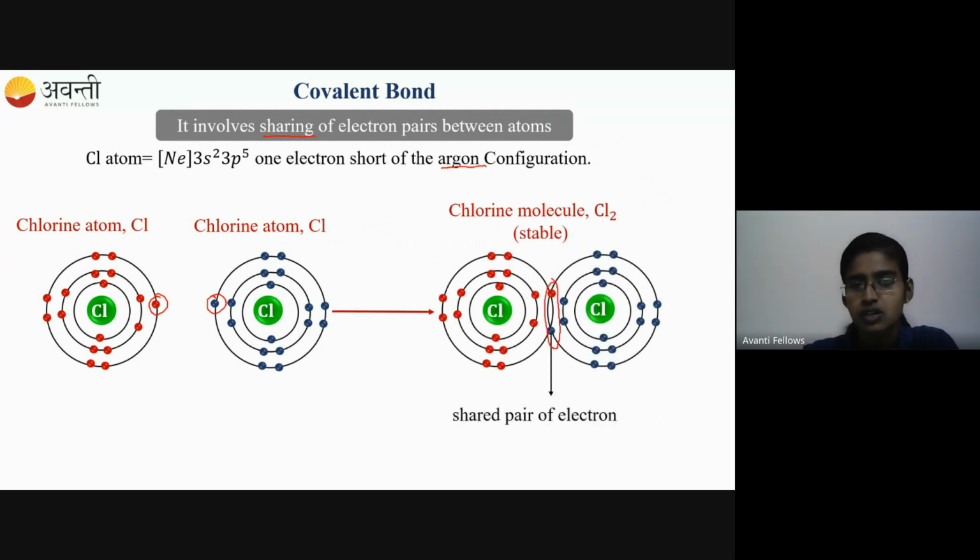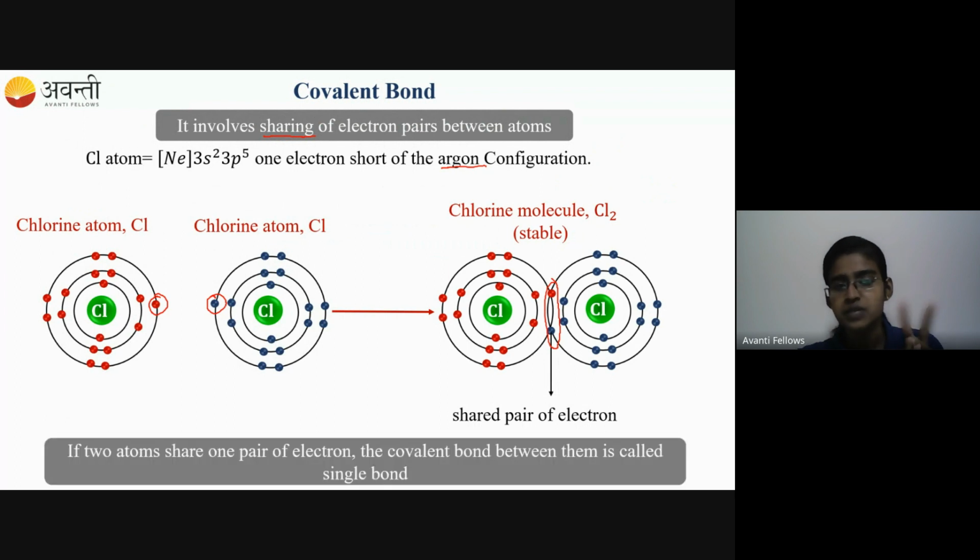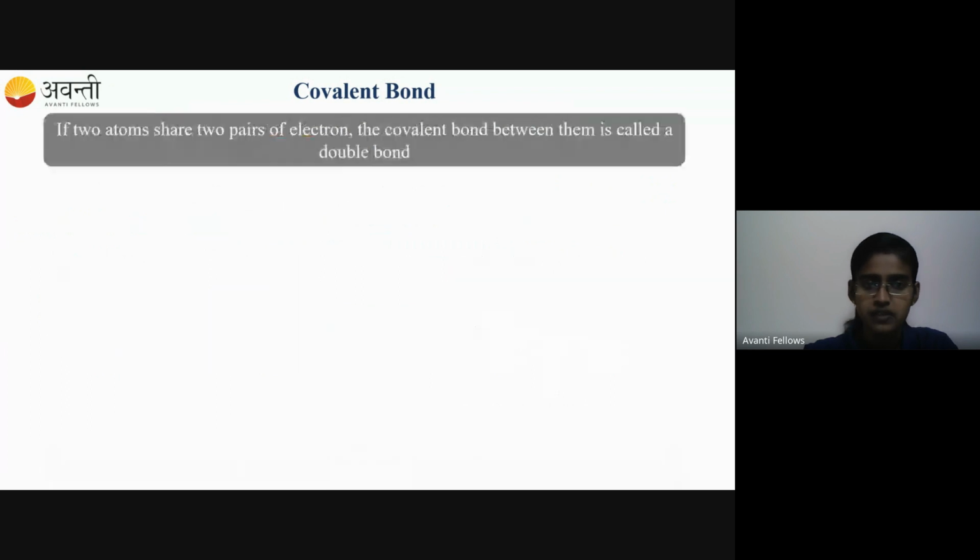A shared pair of electrons leads to the formation of a covalent bond, and they are forming the stable chlorine molecule also. Now if 2 atoms share only 1 pair of electrons, then only 1 bond, that is a single bond, will be formed. If 2 atoms share 2 pairs of electrons, then it gives rise to the double bond, that I will show you in the next slide.